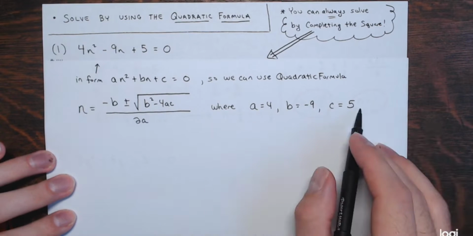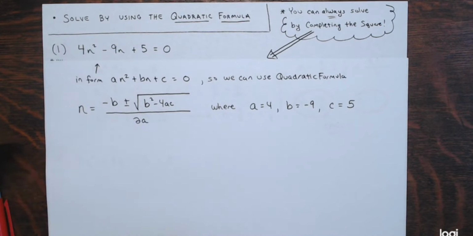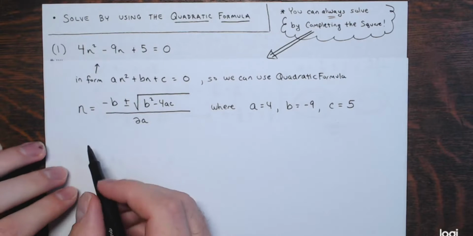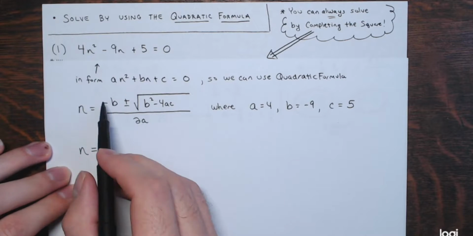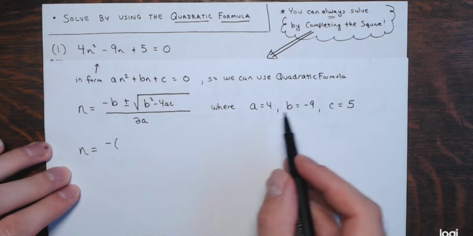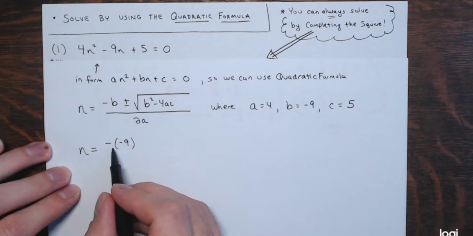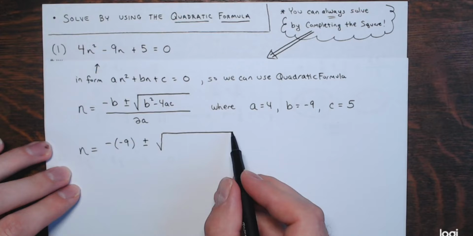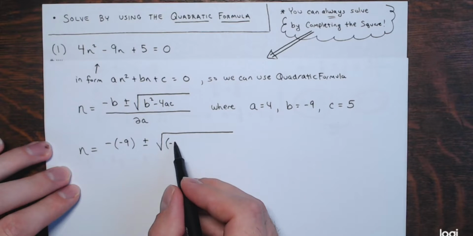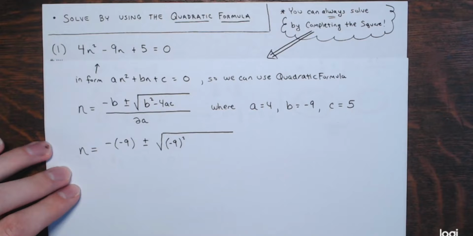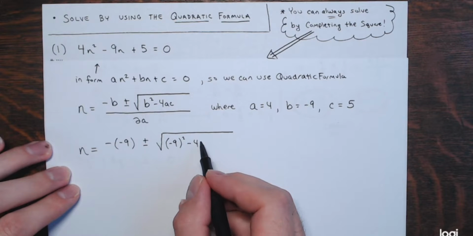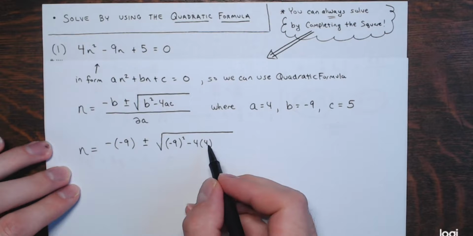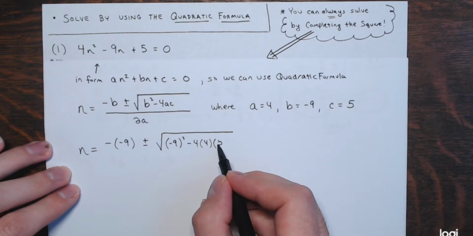So I'm going to substitute these into the formula and then simplify. And we should end up with 5/4 and 1 as the two solutions to this equation. So we have the opposite of b, so the opposite of -9, which will end up being +9, plus or minus the square root of b squared, so -9 squared, which will be +81, minus 4 times a, so times 4, times c, times 5.